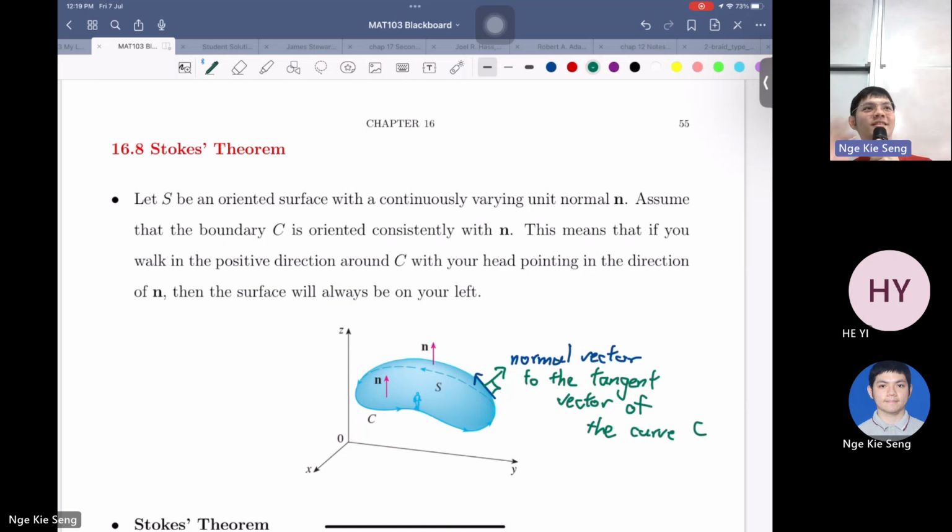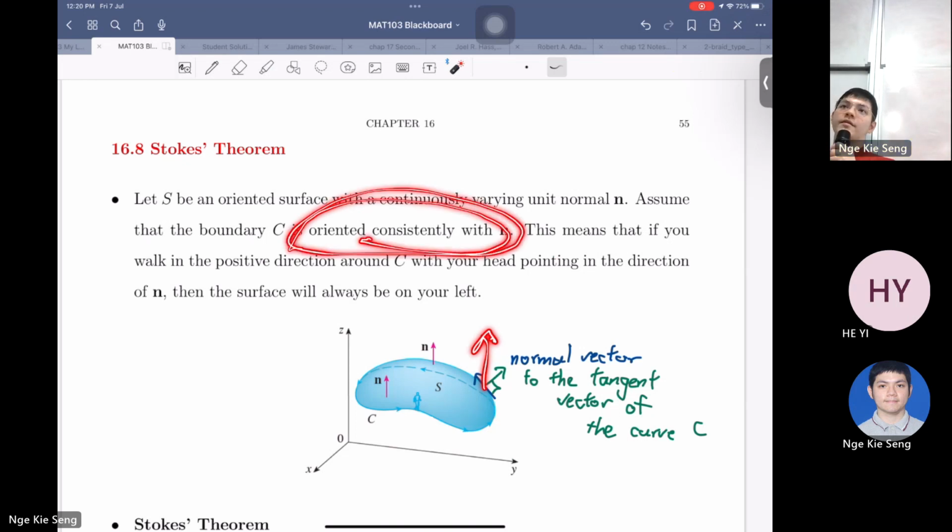If you use the right-hand rule, there's a normal vector pointing up. So this is what it means to be oriented consistently with n.